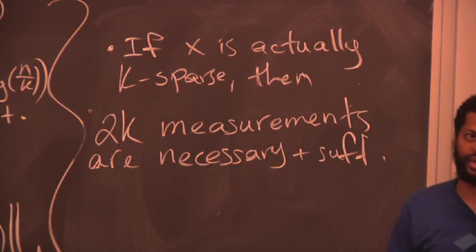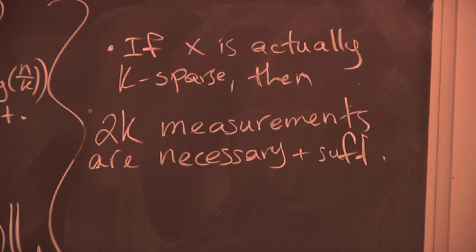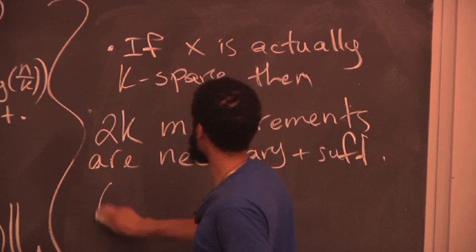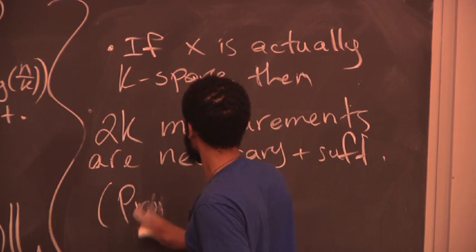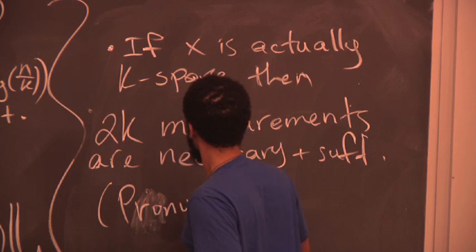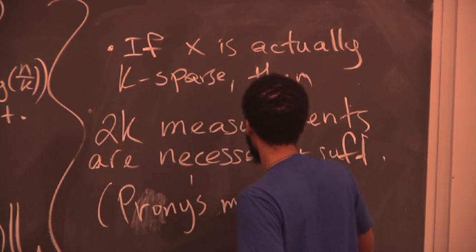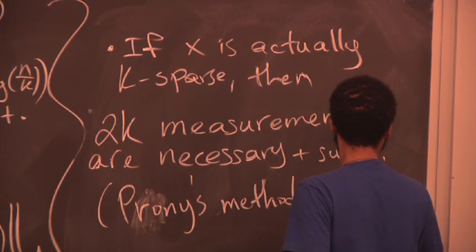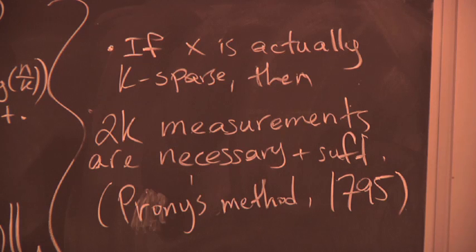Not using this approach, but there's another approach where if I promise you that x actually is k sparse, you can actually find it exactly in 2k measurements, and you can't beat 2k measurements. And this is Prony's method, for example, which I'll probably turn into a p-set problem. Okay, it's from the 1700s.